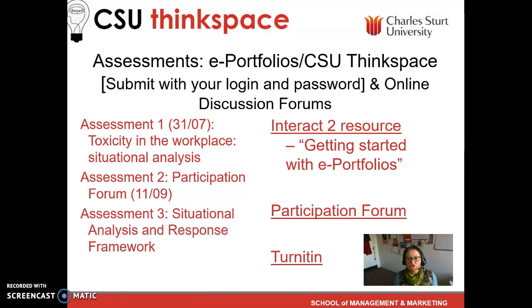Turnitin, I will be using Turnitin, which is plagiarism software, just to make sure that everyone is writing their own work. And so I've also got a link to that too. You may wish to create your own Turnitin account so that you can check your work as well. You may also wish to look at the plagiarism links. They're in the subject outline, or Google and search plagiarism on the CSU website.